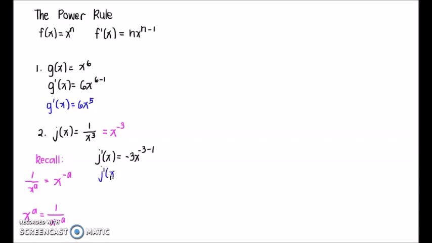So simplify lang natin. We will have negative 3x raised to negative 3 minus 1, that will give us negative 4. So pwedeng ganito yun na yung inyong final answer, or if you want to put it back to its original form, pwede rin natin siyang gawing j prime of x, or the derivative of j of x is equal to, so si negative 3, iwan natin sa taas, x raised to negative 4, para maging positive siya, lagay na lang sa baba.